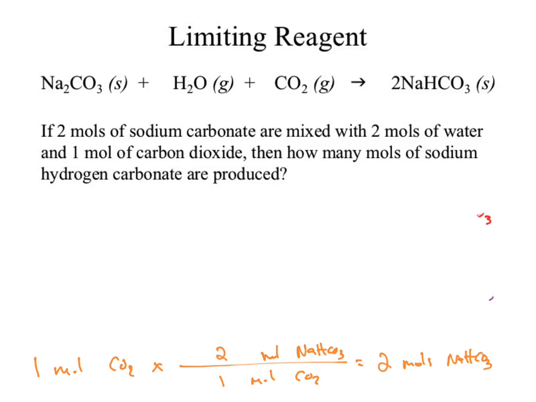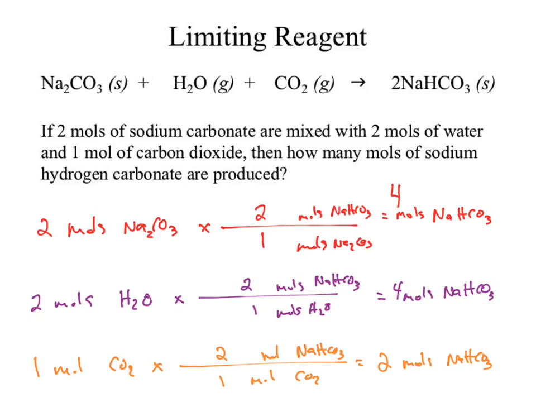I think where you're trying to go is what Savannah is suggesting. Just look at the question. It says 1 mole of carbon dioxide. So you're saying 1 mole of carbon dioxide is smaller than 2 moles of water, which is smaller than 2 moles of sodium carbonate. Is that what you're saying? Yes. So you're saying the smallest number that we're starting with works as our final answer. Guess when it works.